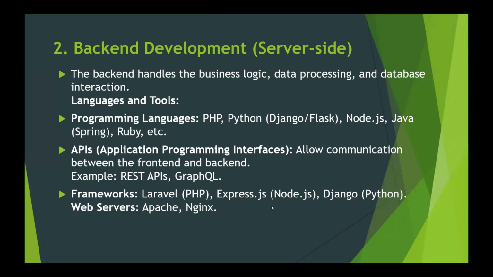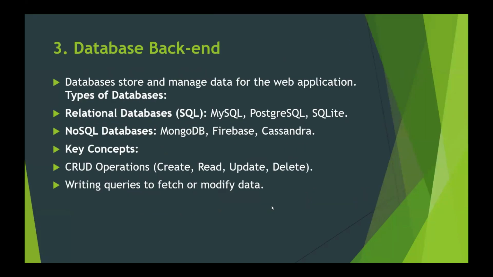Open source web servers are Apache and Linux, and the proprietary server is Microsoft IIS. And the third one is database. These are MySQL, PostgreSQL, SQLite, MS SQL Server, MariaDB, MongoDB. These are all databases.